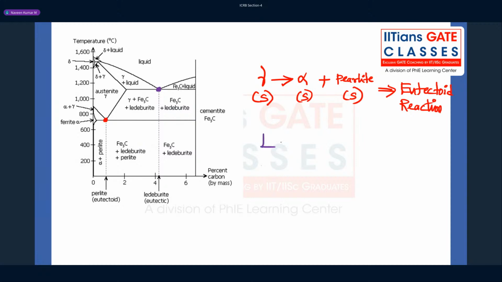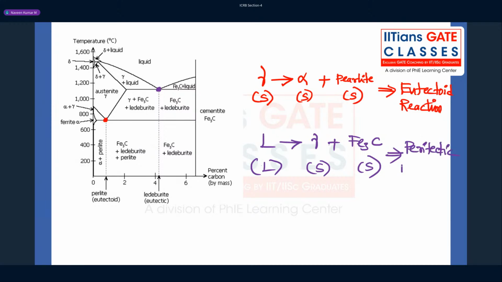So liquid iron goes to austenite, that is gamma, plus Fe3C, that is cementite. Here it is going from a liquid phase to 2 different solid phases. And this is called peritectic reaction.